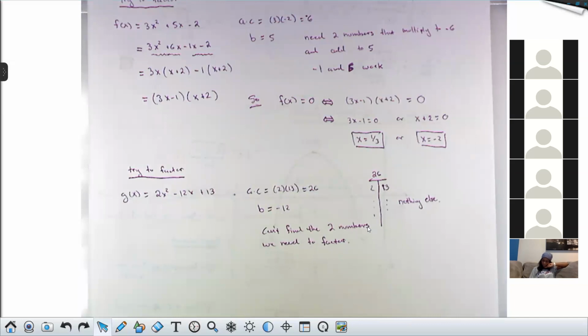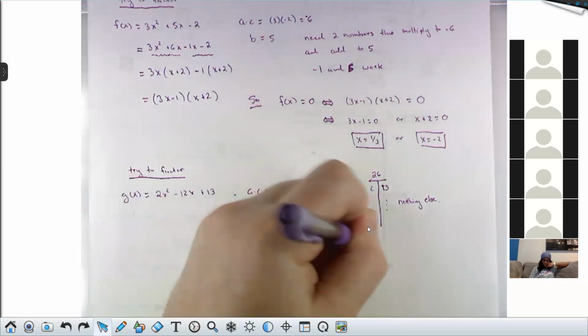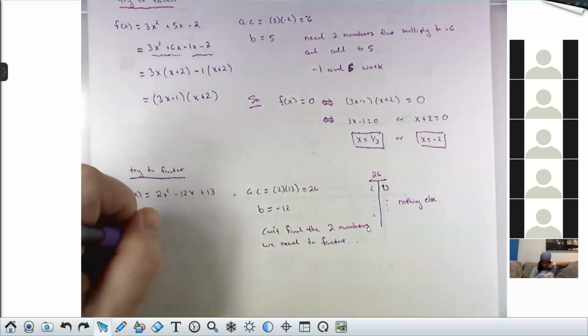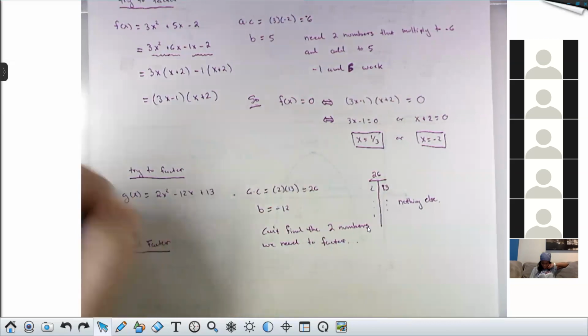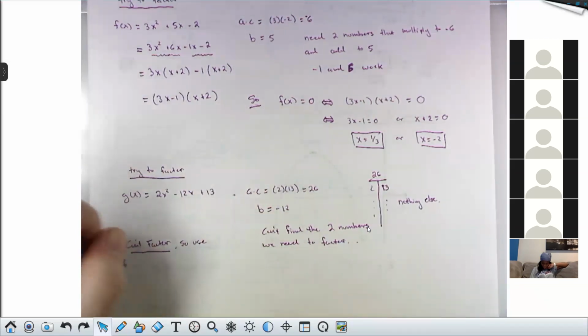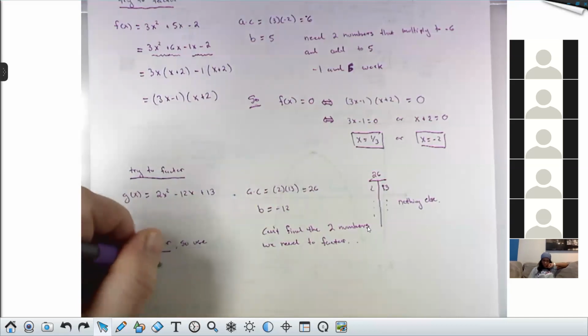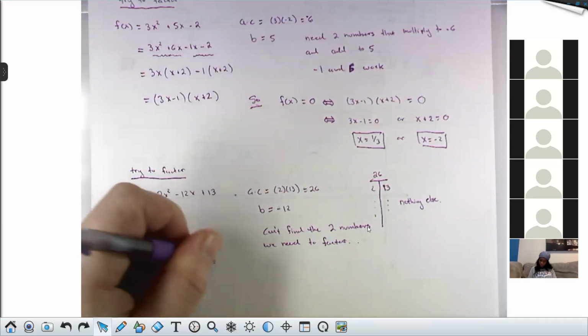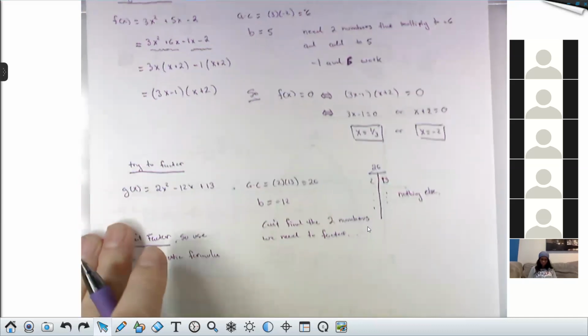So instead, we need to use the quadratic formula. We can't factor. So use the quadratic formula, which we conveniently just proved.